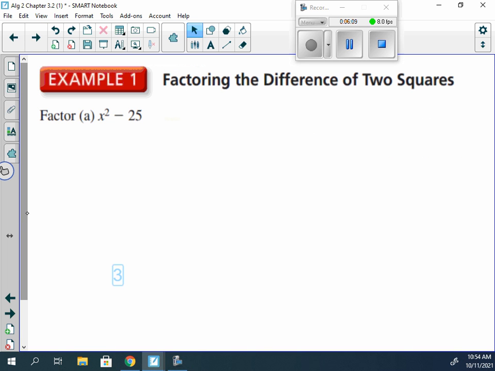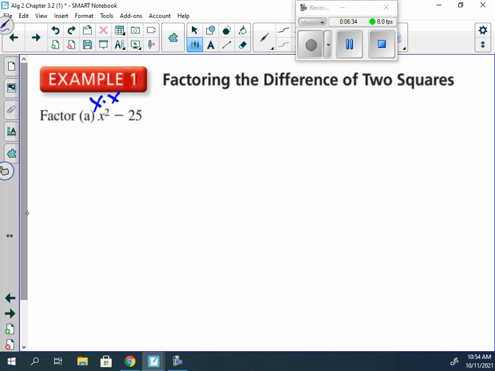Let's look at an actual example where it doesn't step it all the way through. So if we look at this, we have x squared minus 25, yes? Is x squared a perfect square? Well, yes, it's x times x. Is 25 a perfect square? Is there something that multiplied by itself would give me 25?